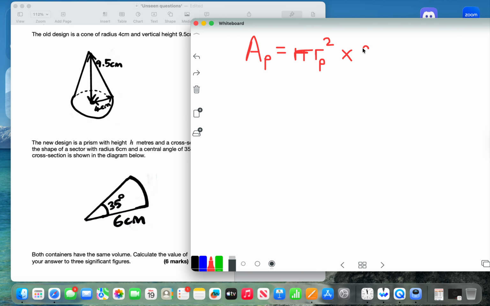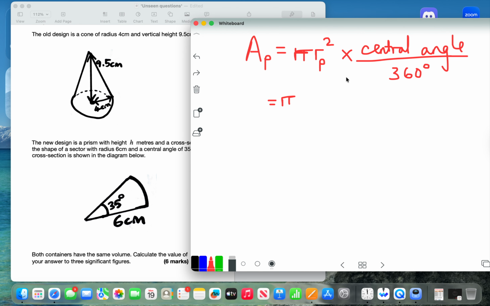So that's going to be the central angle divided by the full 360. And let's substitute in.